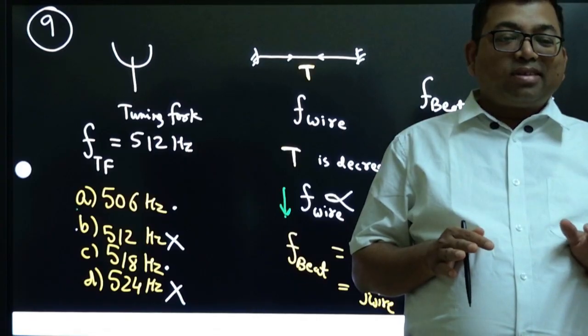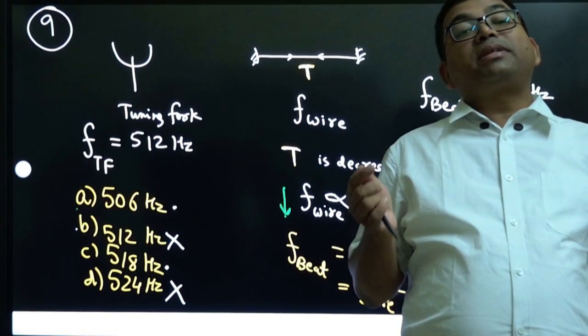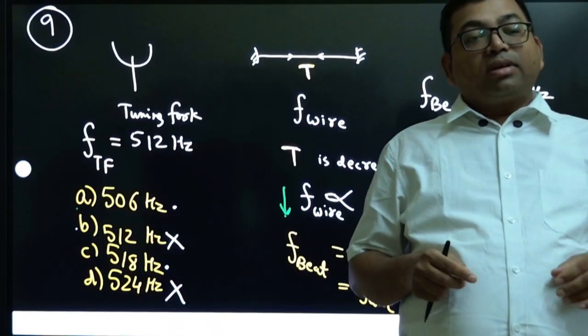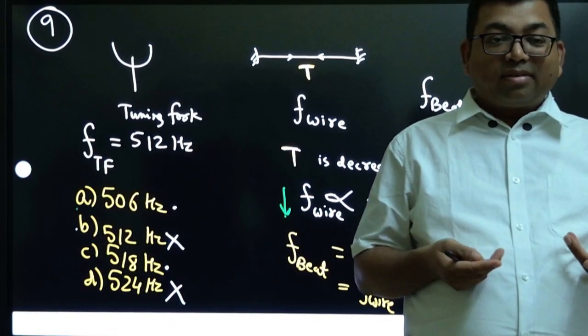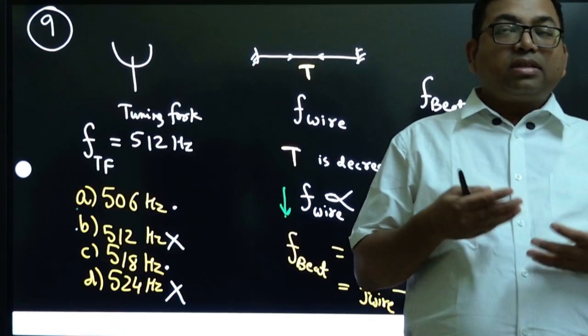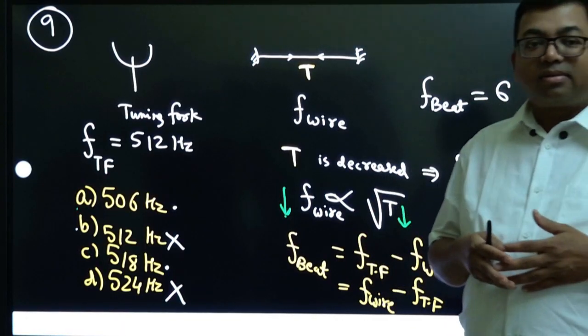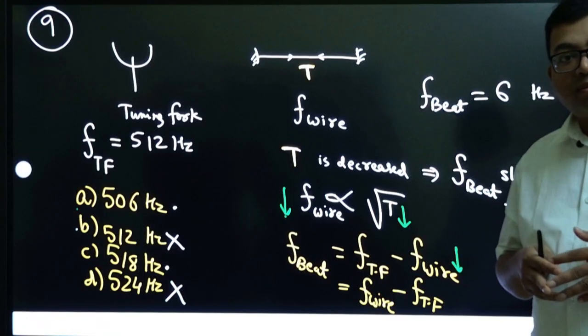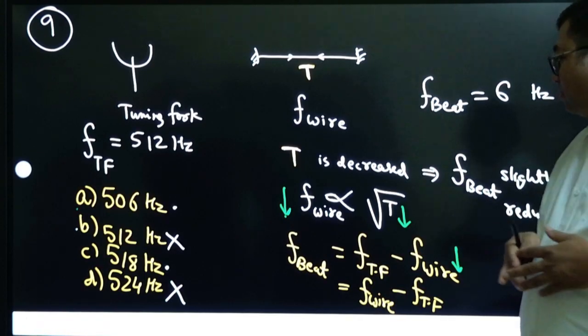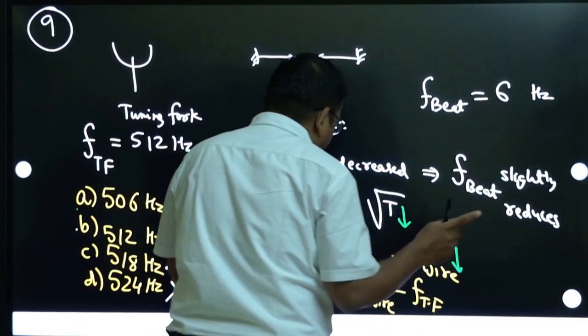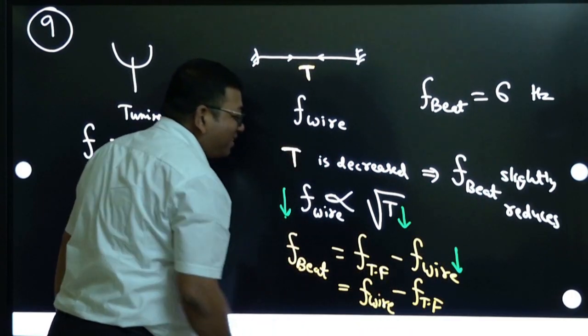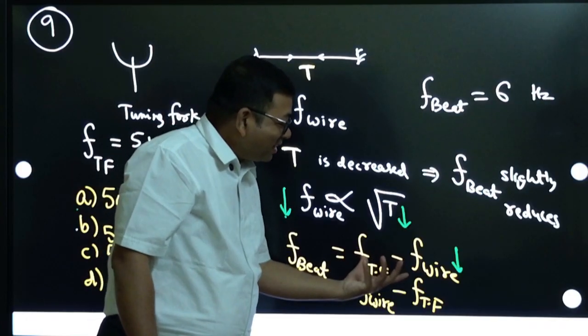The result is 2. Suppose from 10, I am subtracting 5. Now what is the answer? 5. So is it increasing or decreasing? Yes, you are correct.